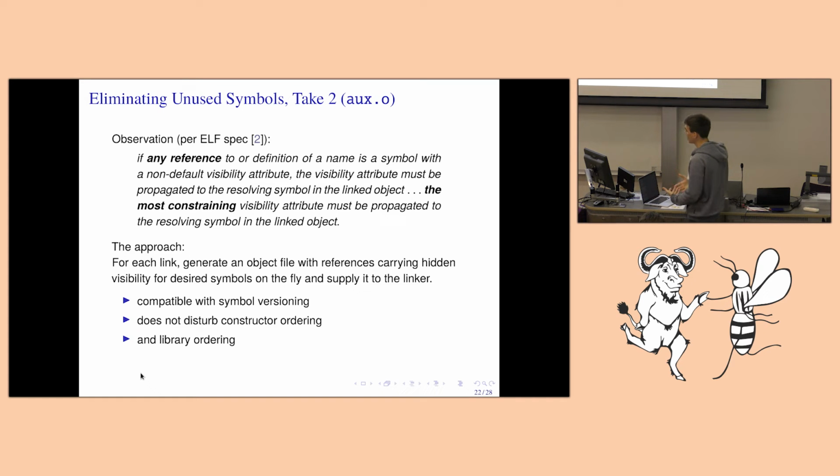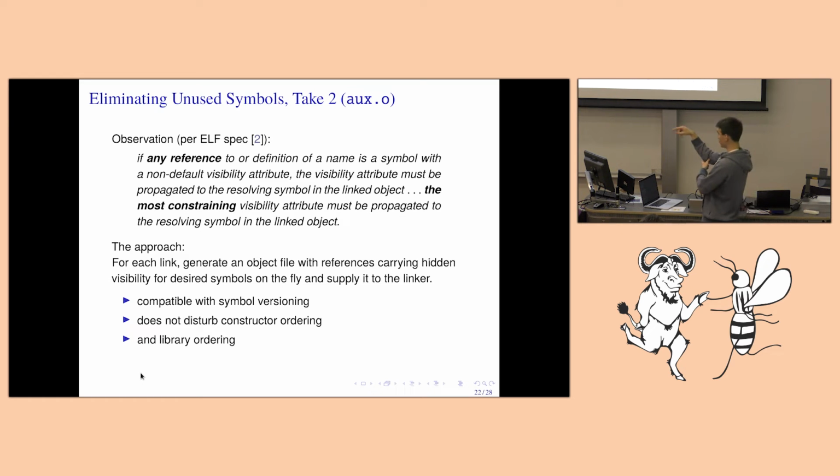So as we noticed it, we thought, aha, we can downgrade the visibility of symbols by supplying more references to them. Those references would have hidden visibility attributes set on them, and everything should be fine. This approach does not suffer from most, if not all, problems the first approach suffers from. So it also looked good.